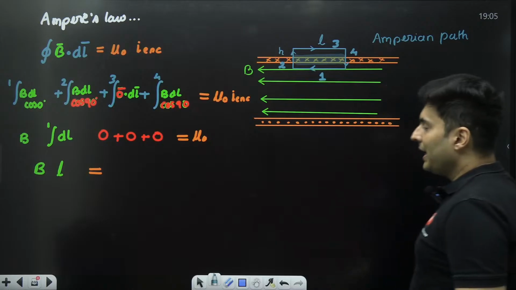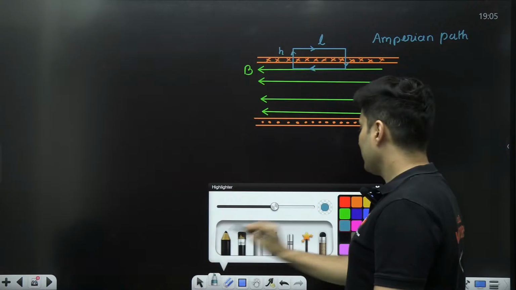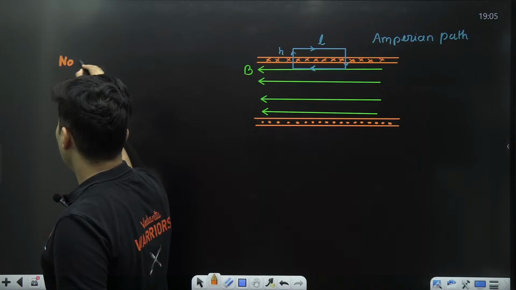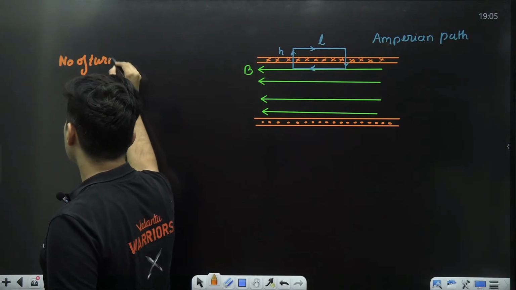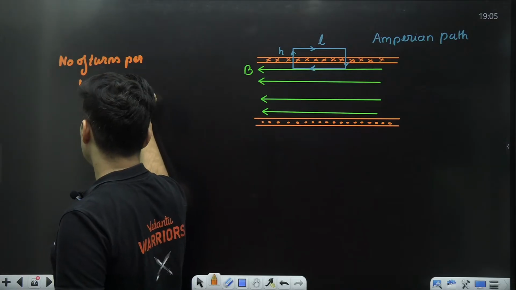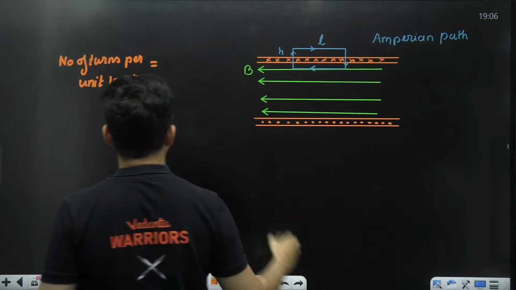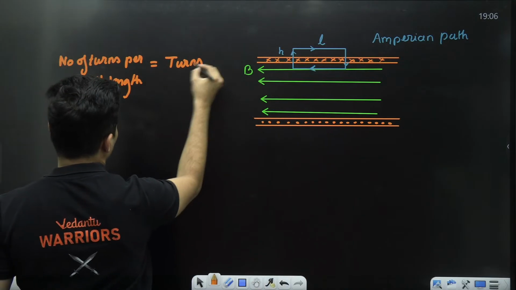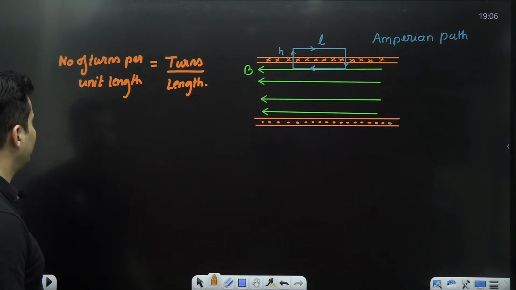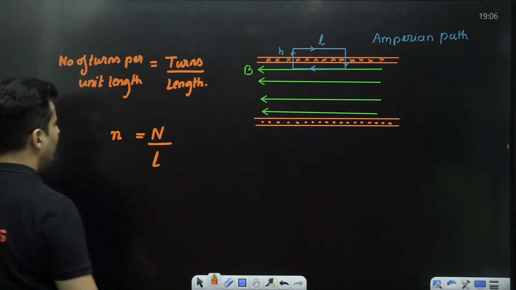Oh, I need a parameter of this solenoid, and there is a very important parameter of a solenoid which is called the number of turns per unit length. This is basically how many turns are there upon the length of the solenoid. This is small n. This is number of turns, and this is the length that you have considered.